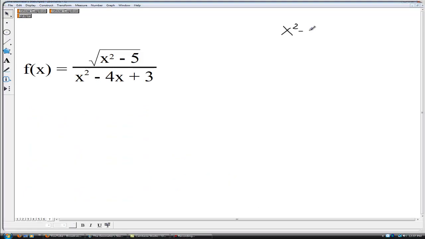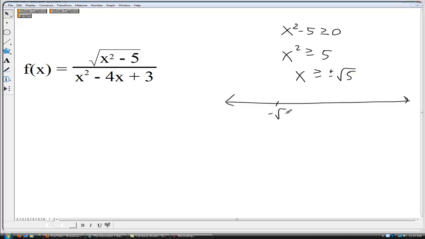Now these expressions under square roots, we said greater than or equal to 0. These values have to be positive or 0 in order to have a defined output. So we get x squared is greater than or equal to 5, x is greater than or equal to plus or minus root 5. So from -√5 to positive root 5, these values do work. Domain values that will work.